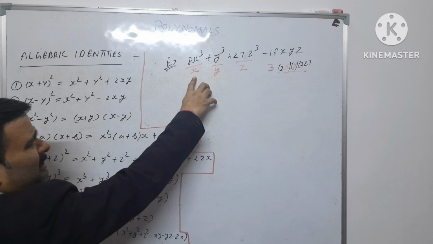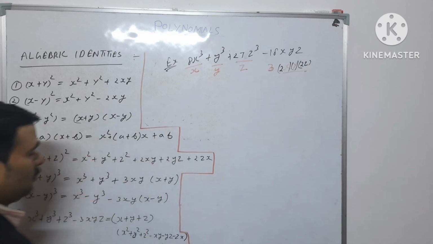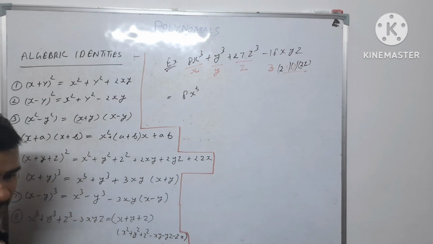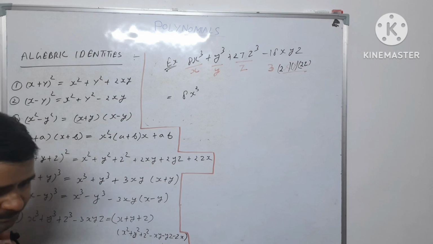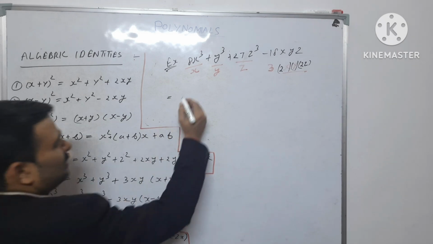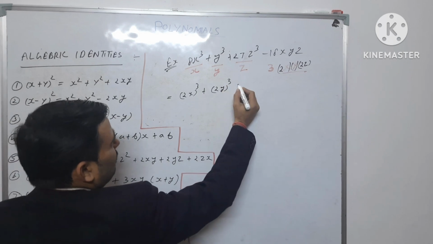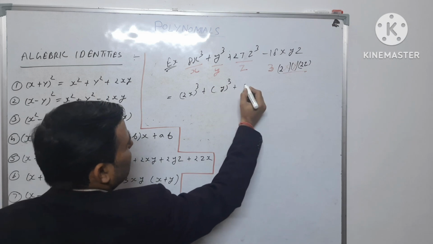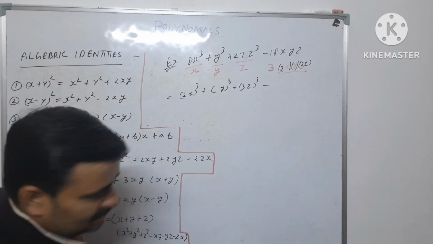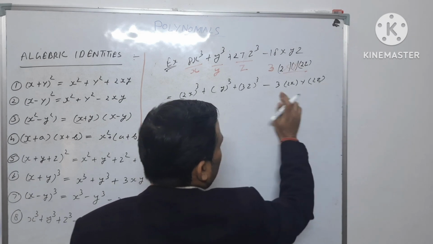Here we can write this term as (2x) cube, this term as y cube, and this term as (3z) cube, and this term can be written as 3 times 2x times y times 3z. So if we put the values in this term, we will get (2x) cube plus y cube plus (3z) cube minus 3 times 2x times y times 3z, because here we have 18.